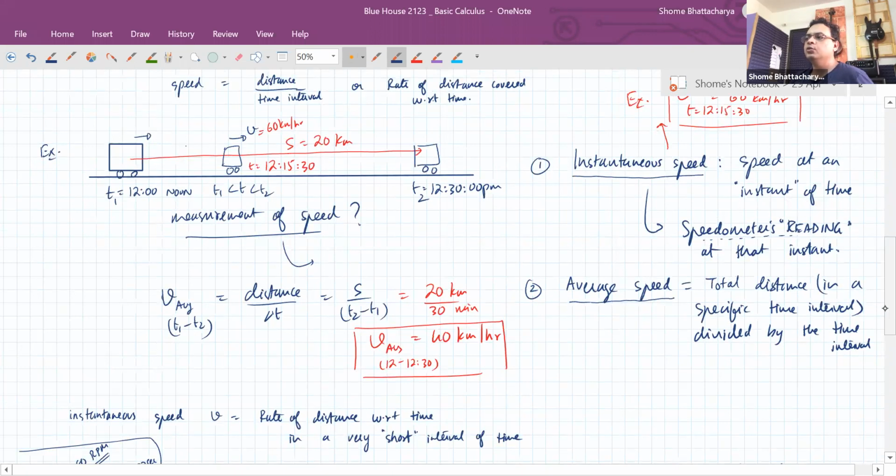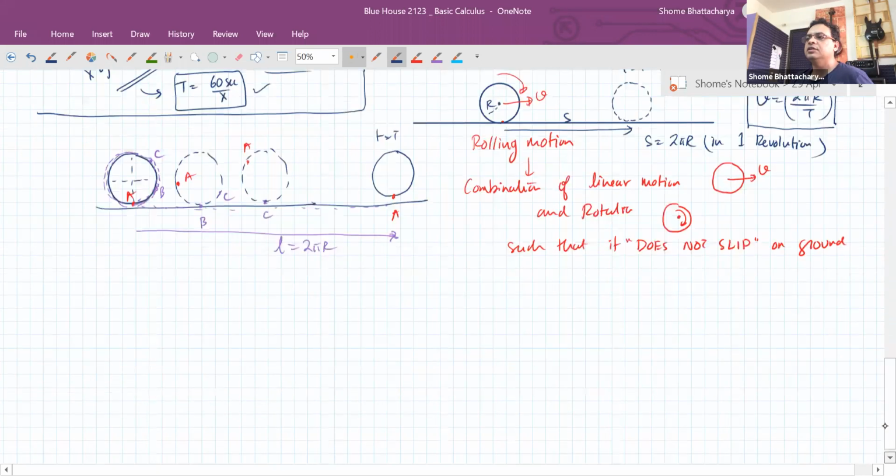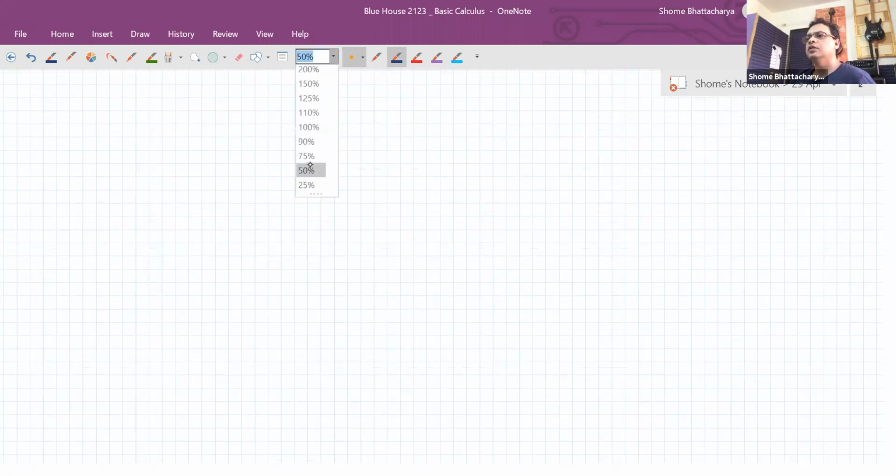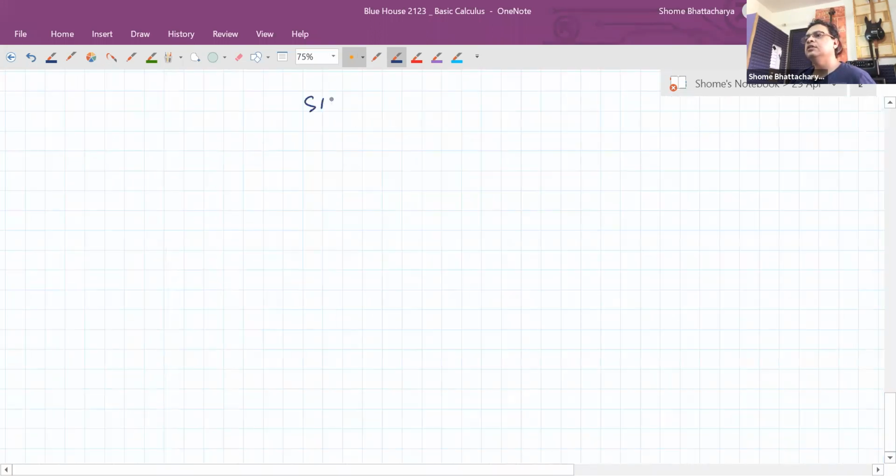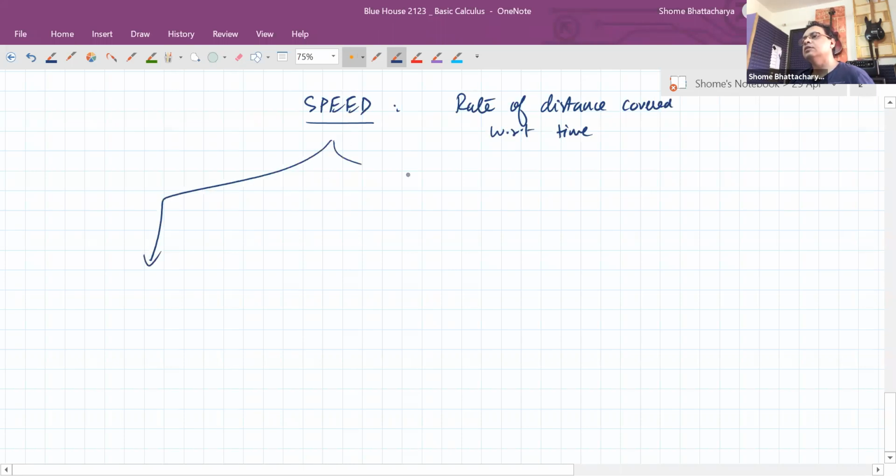Okay. So now we come to a more technical definition of the concept of instantaneous speed versus average speed. So we will see that speed, which in general we can define as rate of distance with respect to time. Now we can divide that into two types of measurements.